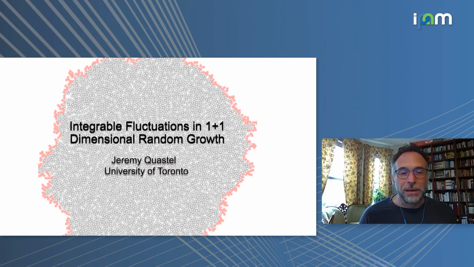So I'm going to talk about random growth models, and the one you see in front of you is an off-lattice Eden model. So these little balls are joining this growing cluster of balls at rate 1, and so this is the type of growth that is just, you know, it's not as complicated as motion by mean curvature.